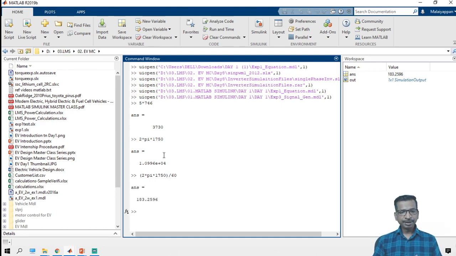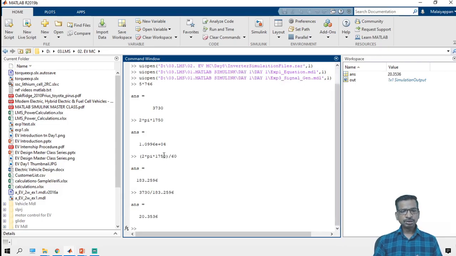So 183.256. So just 3730 divided by 183.2596. So this is about 20 Newton meter, the maximum torque you can apply for this motor.